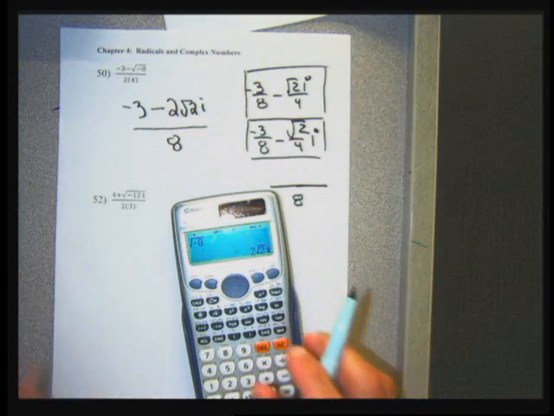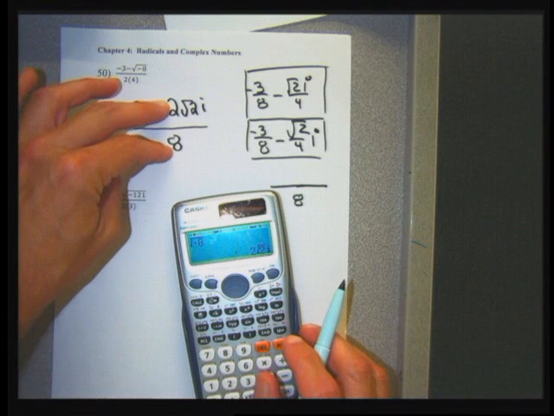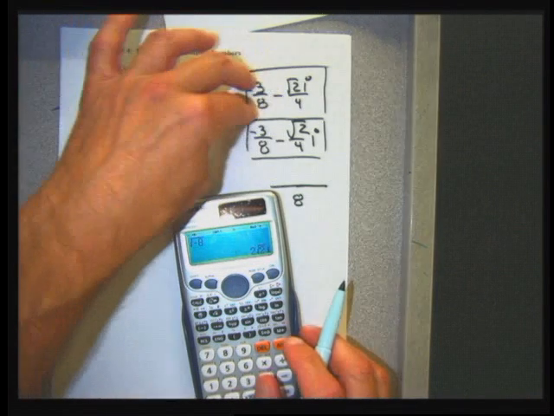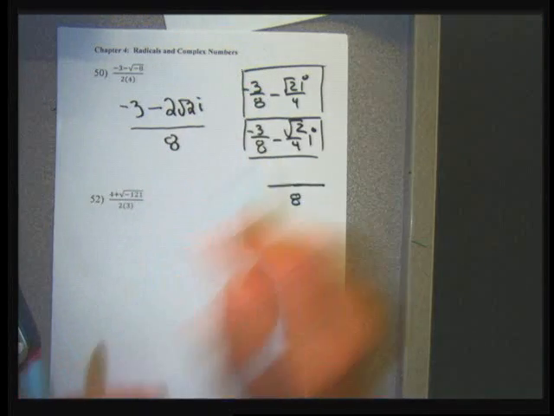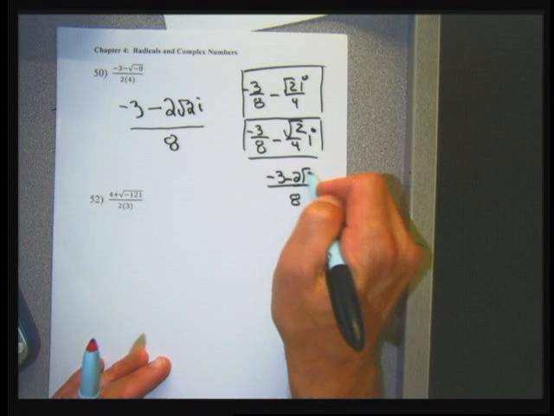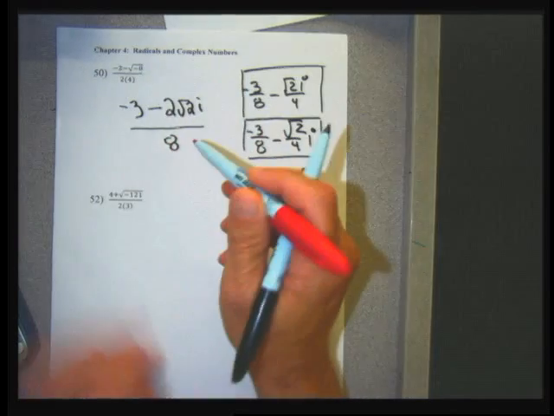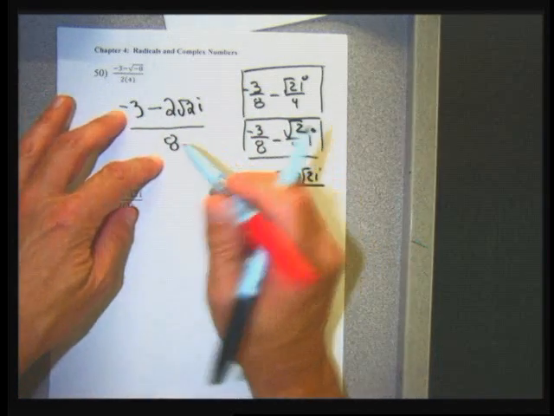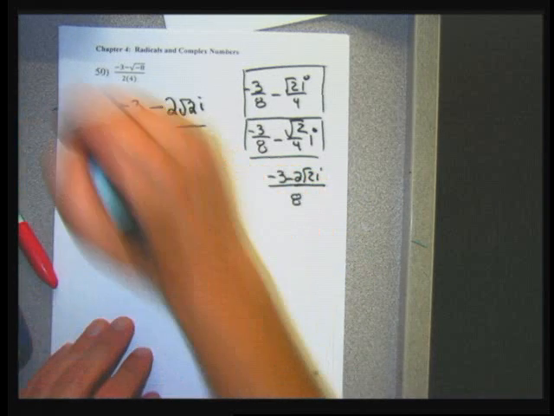And even though the 2 and the 8 divide, which I can do if I'm making it into two fractions, if I'm leaving it as one fraction, this isn't reducible. If you want to reduce the 2 with the 8, you have to leave the 3 and the 8 together. So this would be non-reducible as one fraction.